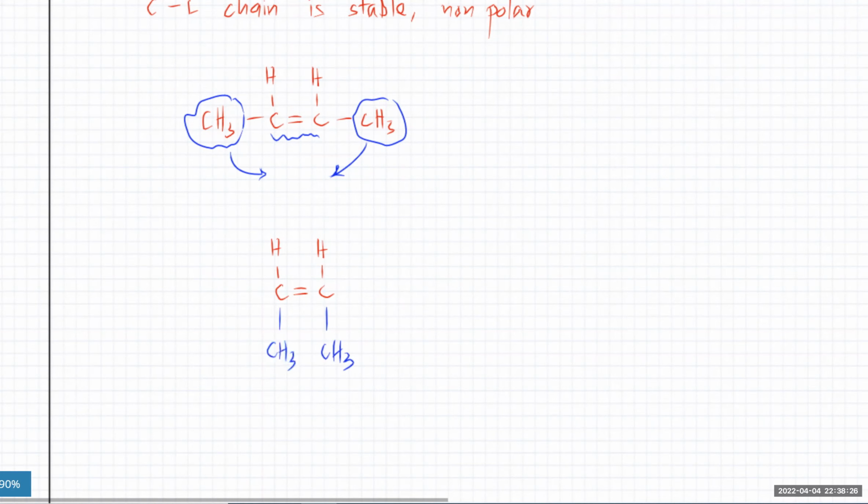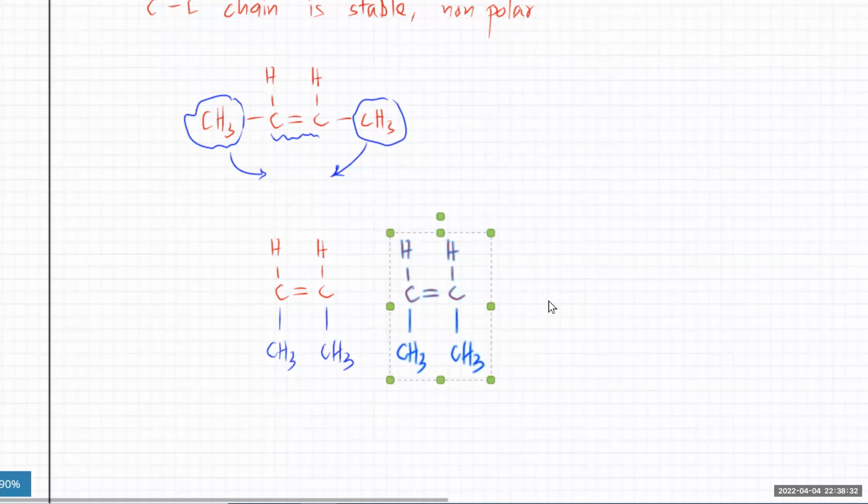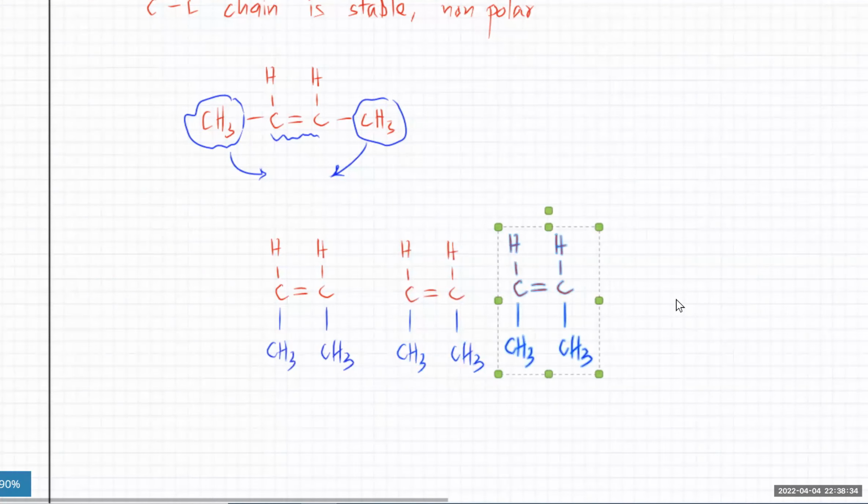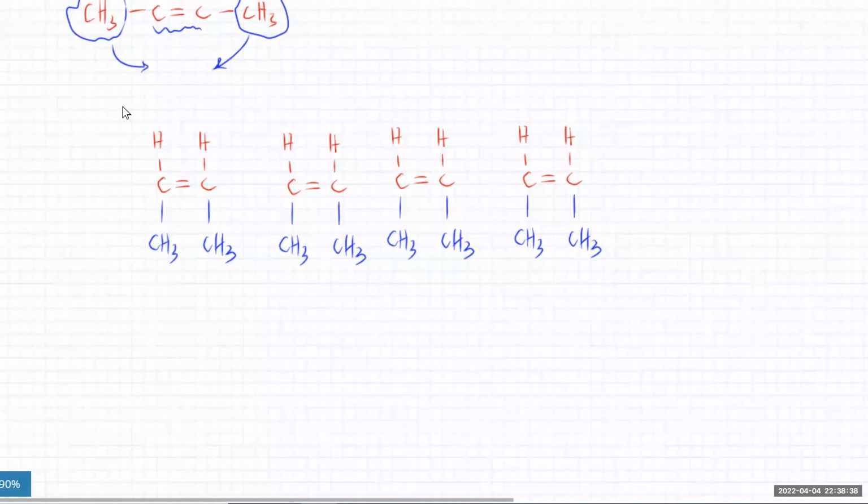Because in an addition polymer, it's a double bond that reacts with the other double bonds. They end up forming linkages. So you'll have lots of monomers, thousands of them, and they're all going to add up.